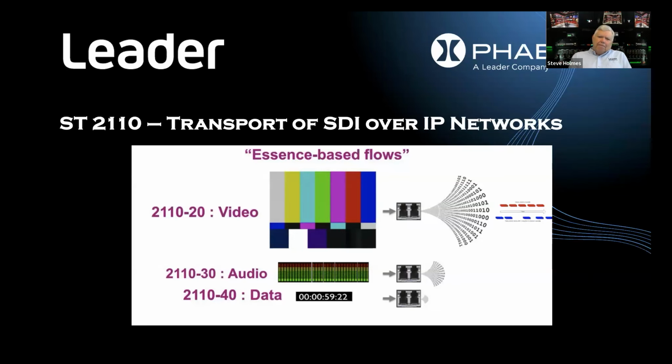It's almost like we took a step back into the days when we used to send individual essence, and break the video up so we only send the active raster of the video, the active picture portion. We send just the audio, we send just the data. But what that opens up is the flexibility that we don't have to embed, de-embed, embed, de-embed every time we want to deal with a piece.